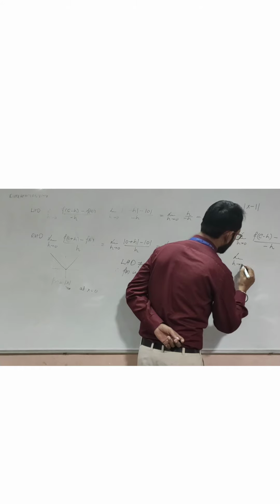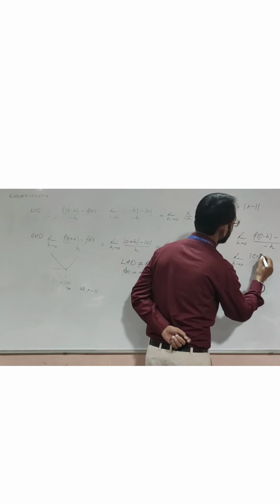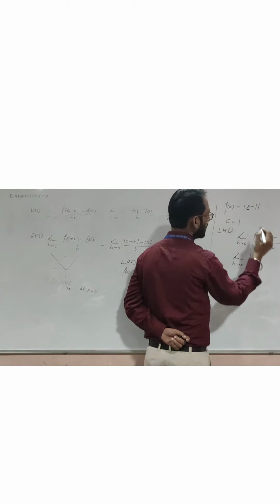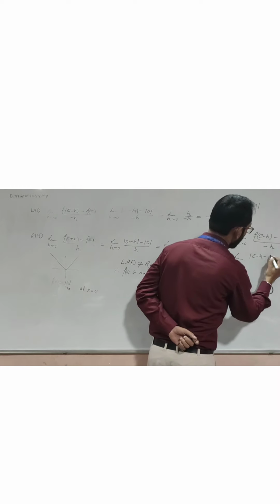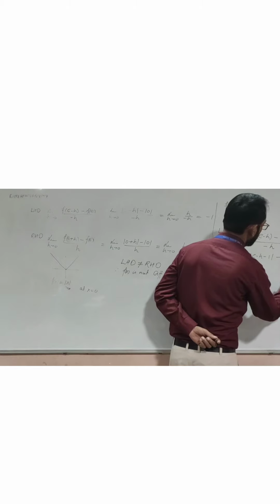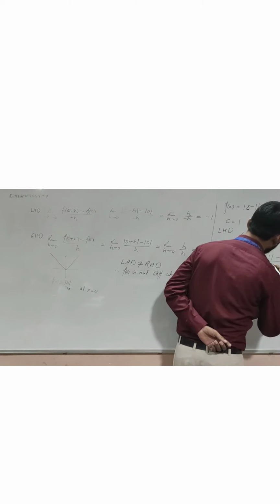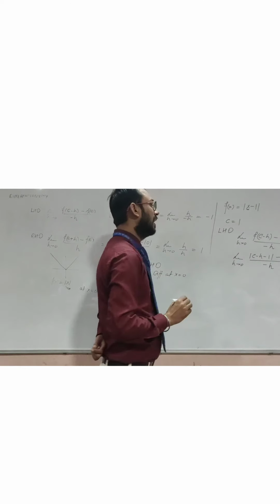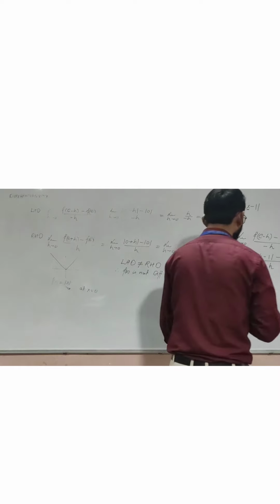Limit of h tends to 0, it will be mod (c minus h) minus 1, in place of x I am putting c minus h, minus mod c minus 1, whole upon minus h. We have been given c equals 1. Let us put the value c as 1.